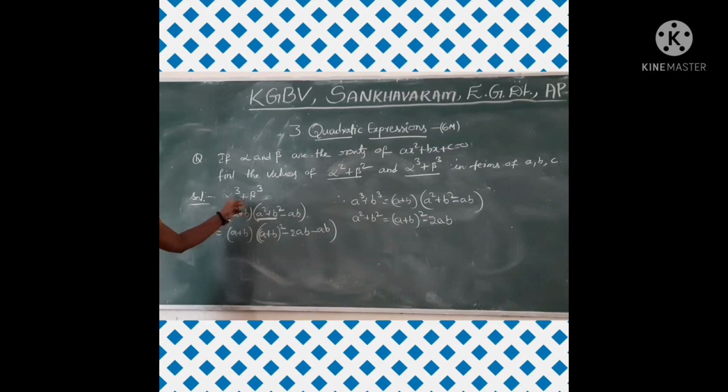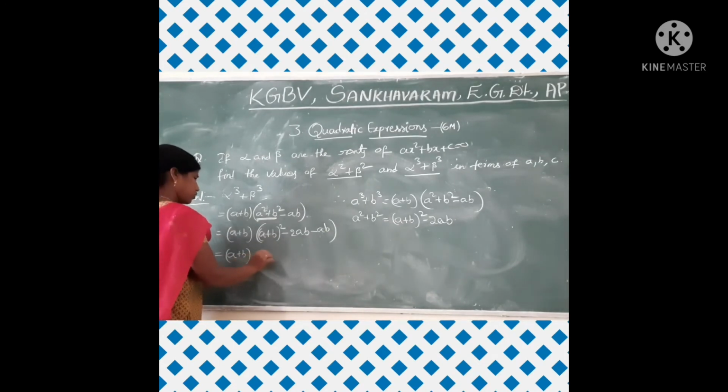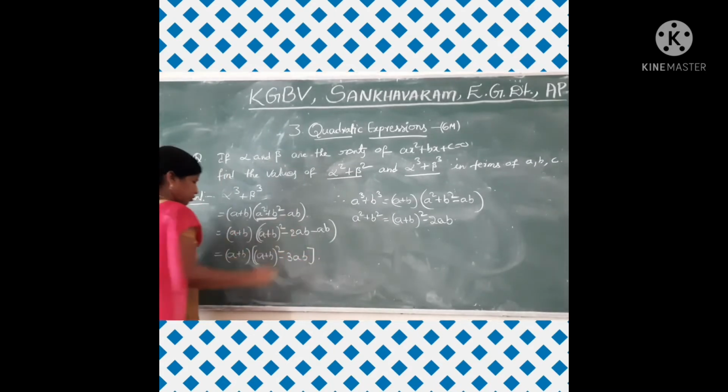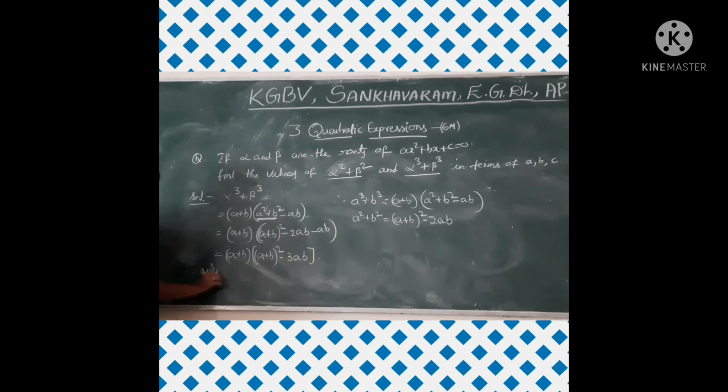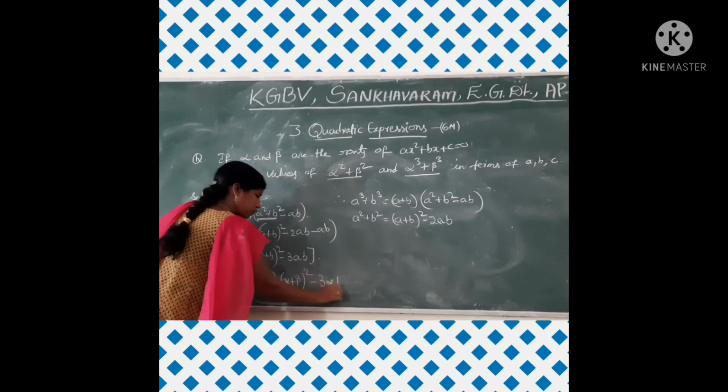Alpha cube plus beta cube you can write in this form, alpha plus beta into alpha plus beta whole square minus 3 alpha beta.